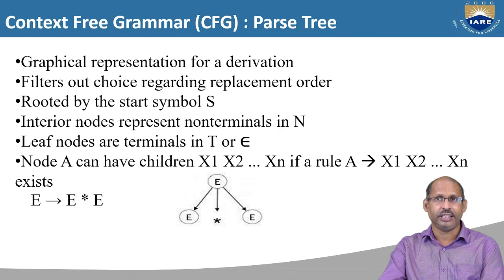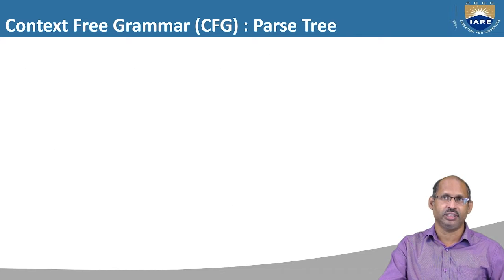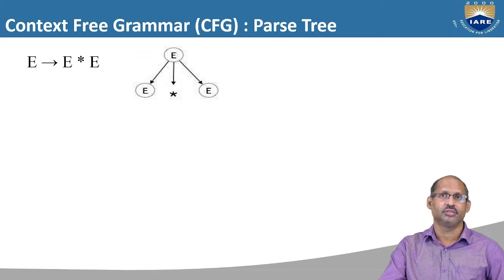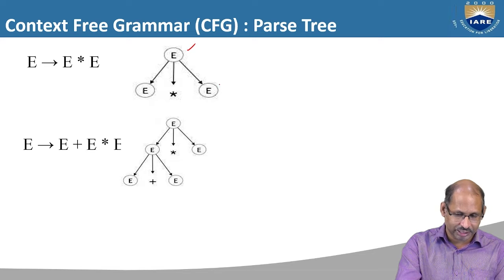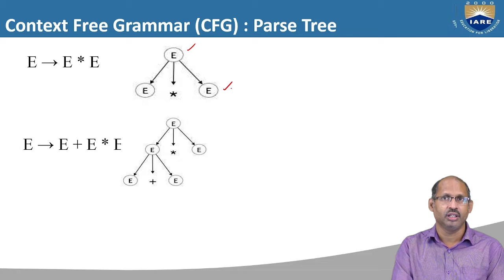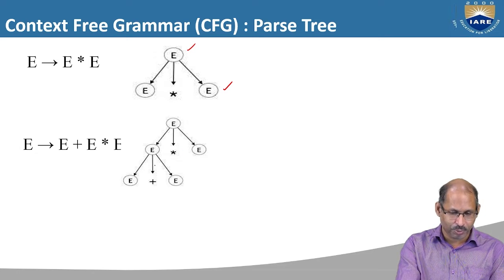So we are considering an example. E gives E into E as a production. We represent this in the parse tree as E gives E into E. We are expanding that as E gives E plus E into E. So here the root represents the expression E into E, then E gives E plus E, and so on.